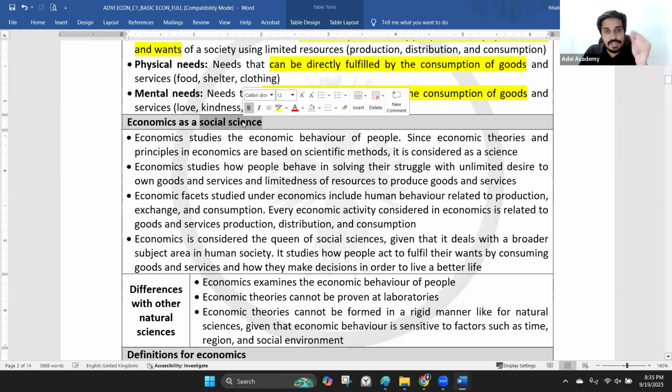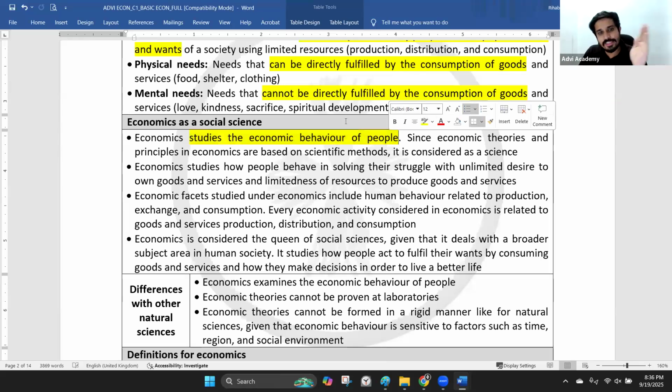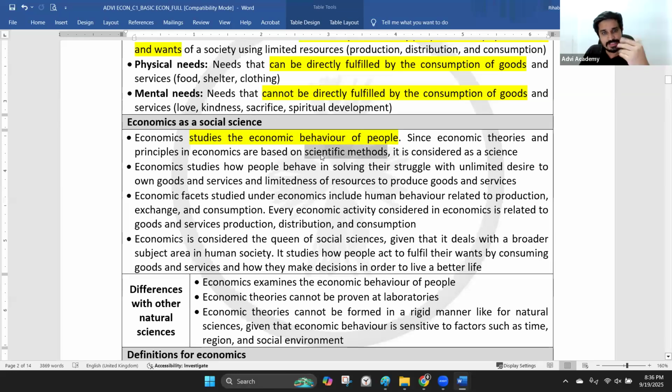Why social science? It's social because it studies the economic behavior of people. Social means about people, no? So that's why it's social. And why is it a science? Because most of the theories in economics are based on scientific methods. It studies how people react, how people behave, and it has come up with theories.